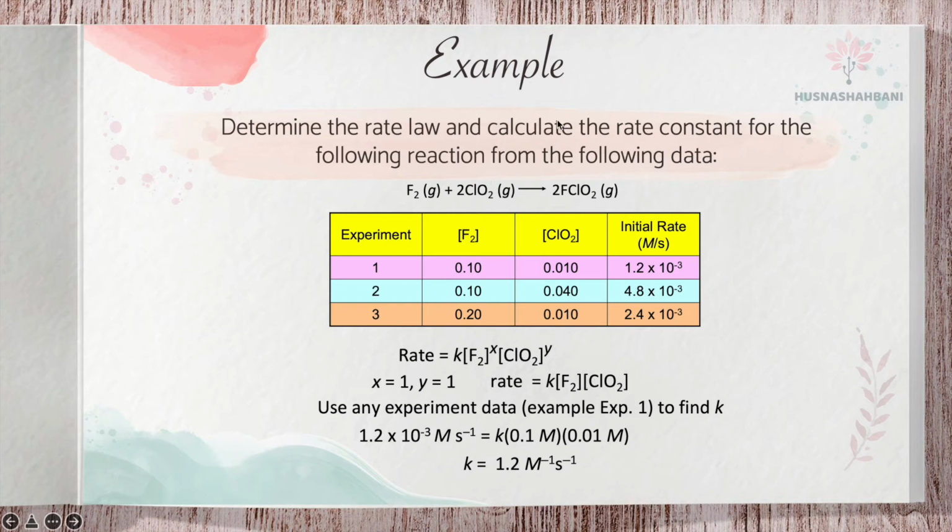So in order to find the rate constant, the K value, we already have the rate law here, both to the power 1, both first order. This is the rate law. And in order to find the value of K here, you can select any experiment that you want. Choose one experiment only. So let's say we choose experiment 1.